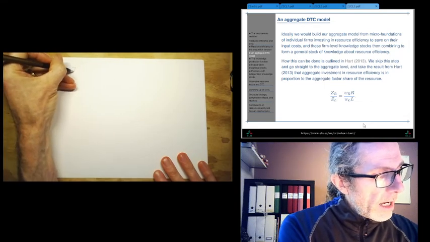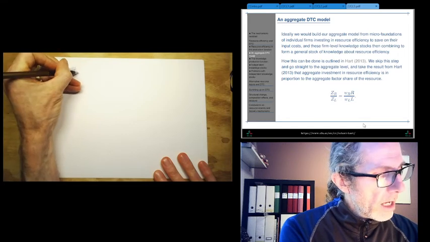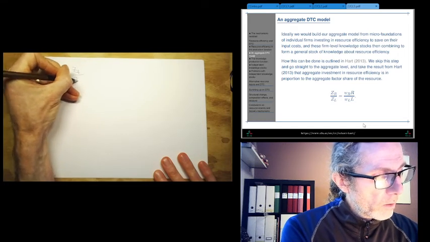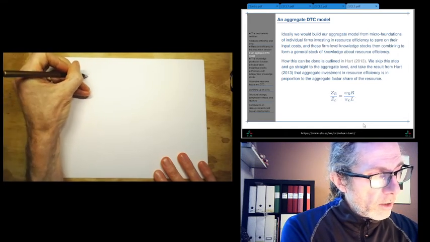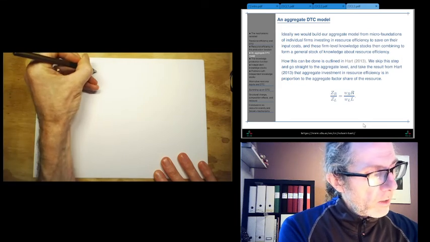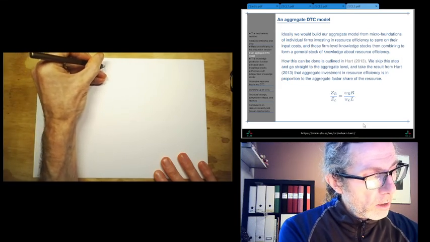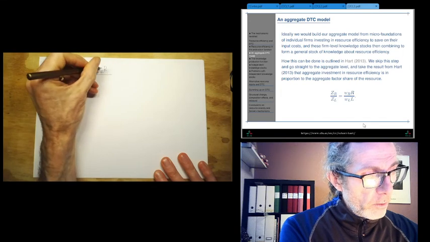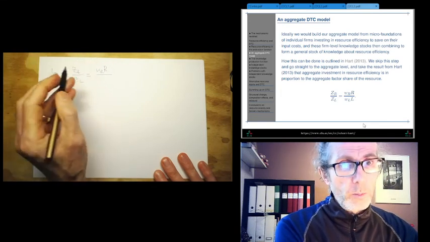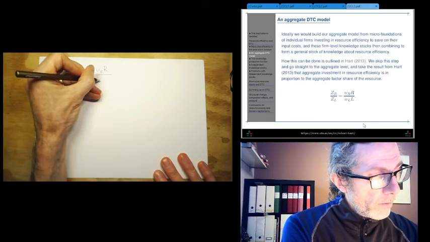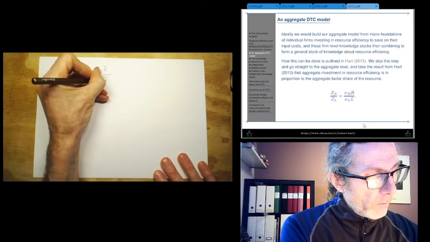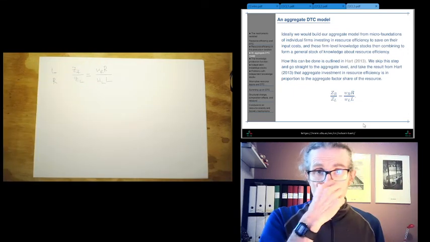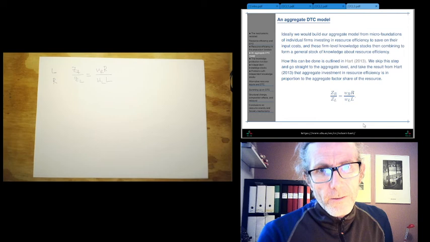and aggregate investment in the resource compared to aggregate investment in labor is just in proportion to the factor share of the resource: what firms spend buying resource inputs divided by what firms spend hiring labor.